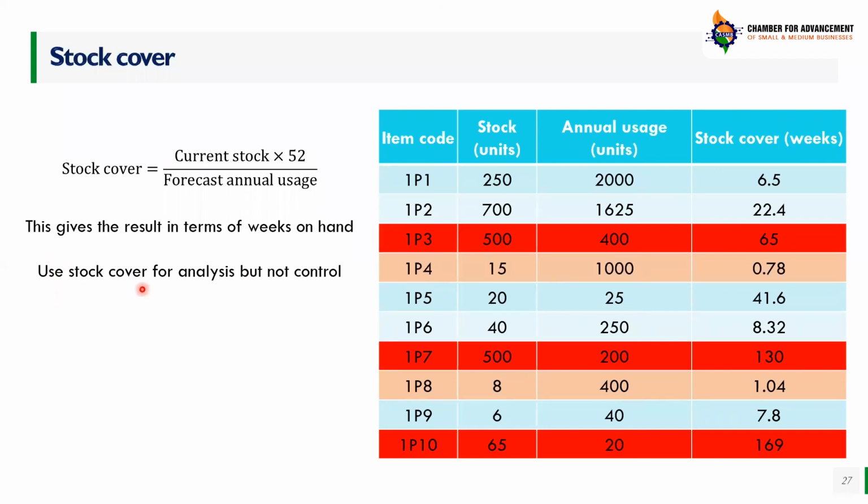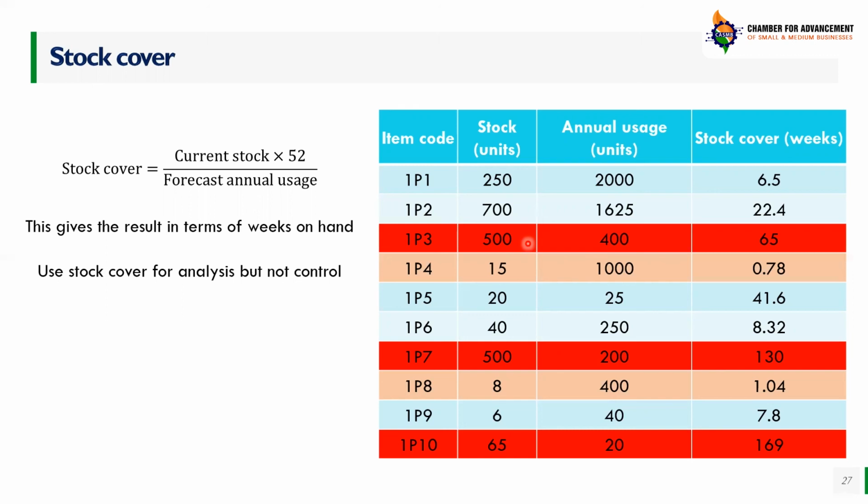So stock cover is used for analysis, but not for control. The control of the inventory is not based on the stock cover, but it is used for analysis. Like I am saying here, 500 items are in stock, which is enough for more than a year, but the minimum order quantity might be 500 items, or there may be the transport cost associated with that, or the seasonality.